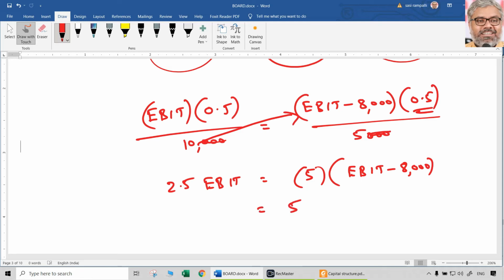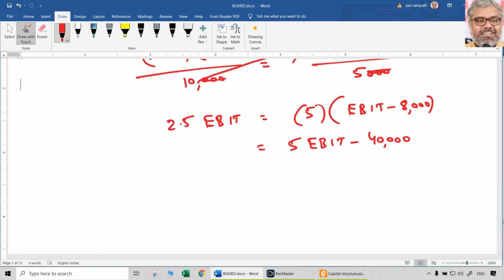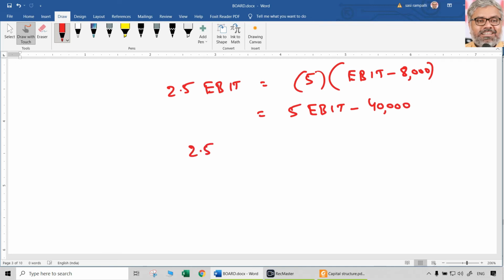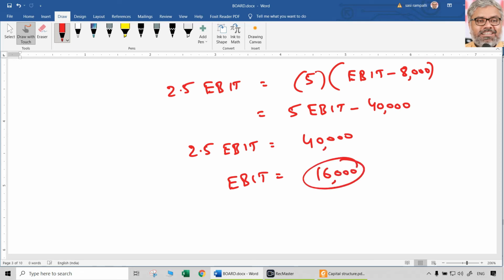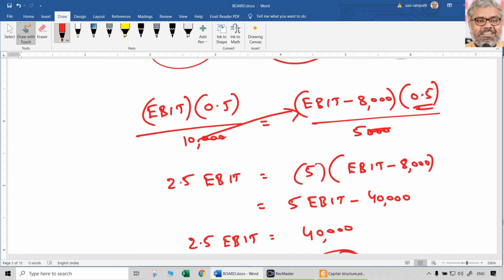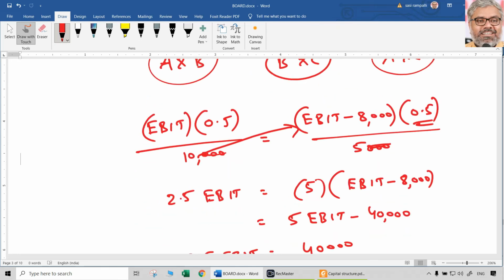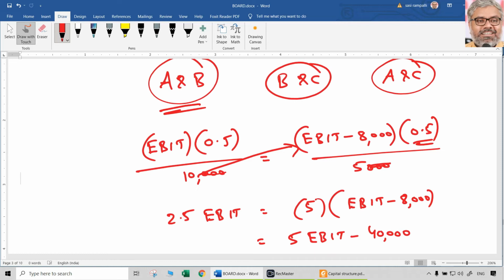So this is equal to 5 into EBIT minus 40,000, which means 2.5 EBIT will be equal to 40,000. How much will be EBIT? Indifference point. So 40,000 divided by 2.5, 16,000. So between plan A and plan B, the point of indifference is 16,000. That is first thing. Second thing, between B and C.